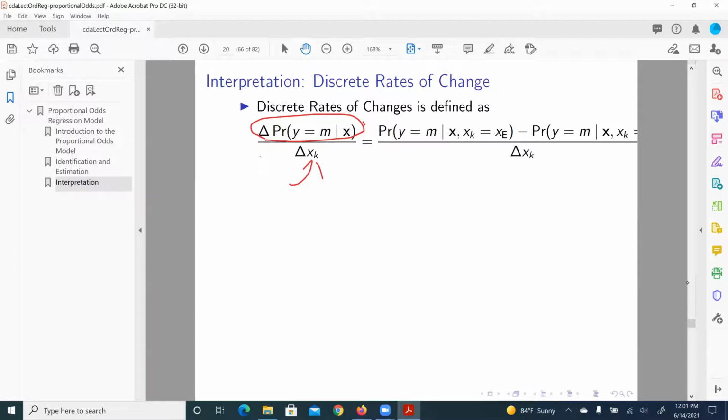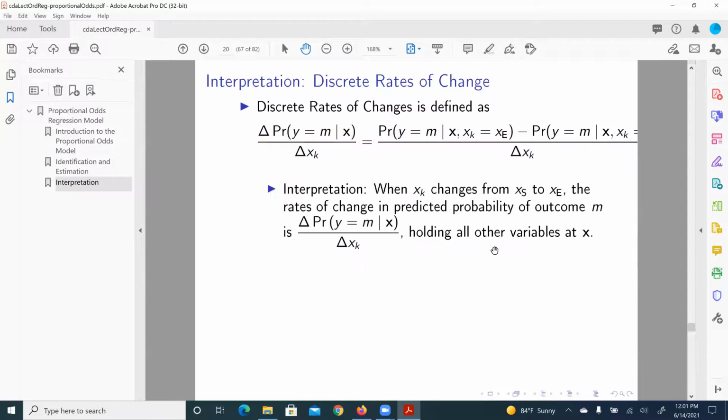The difference is calculated by taking the difference of two probabilities. The interpretation is when xk changes from x start to x end, the rate of change in predicted probability of outcome m is the ratio of delta p over delta k, holding all other variables at x, certain x values for the covariates.